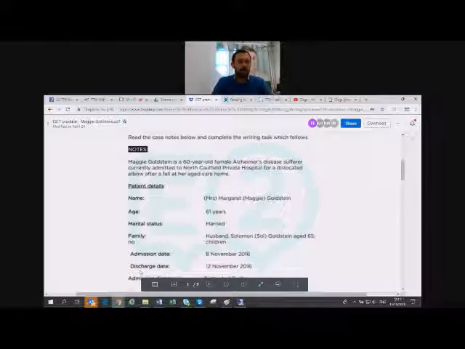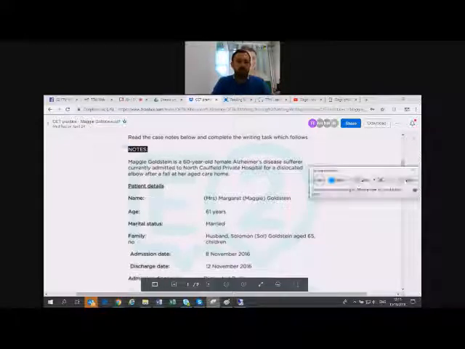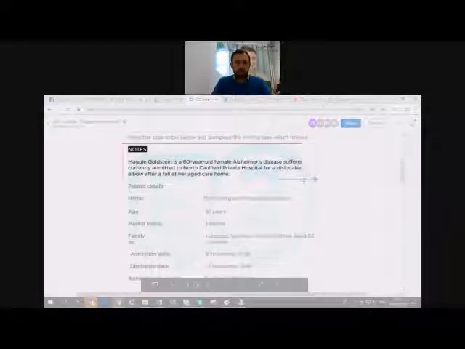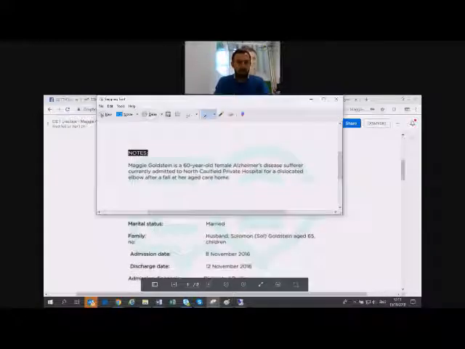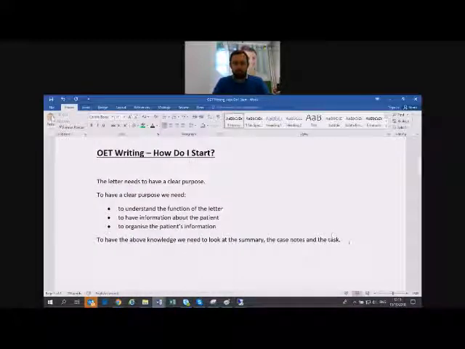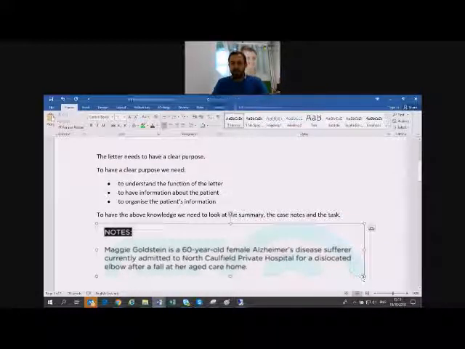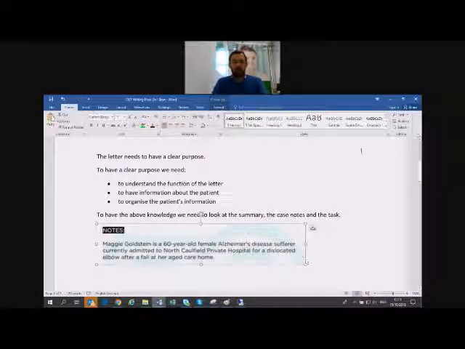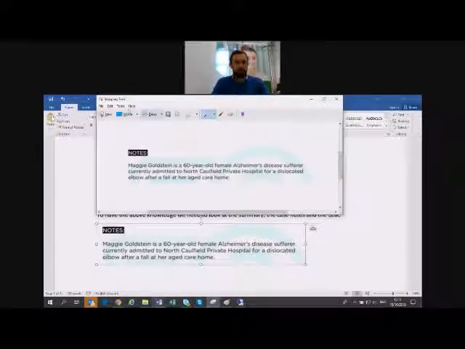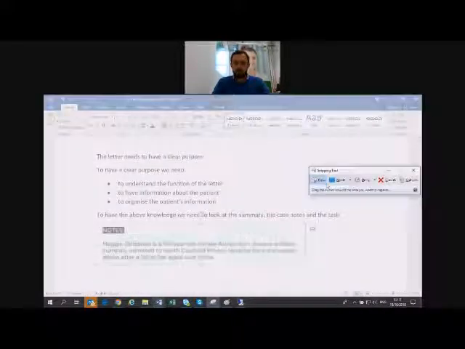So if I snip that out, this is the beginning of the task. So we take that and we'll paste that in here. There's the notes. Let's make that a touch smaller.